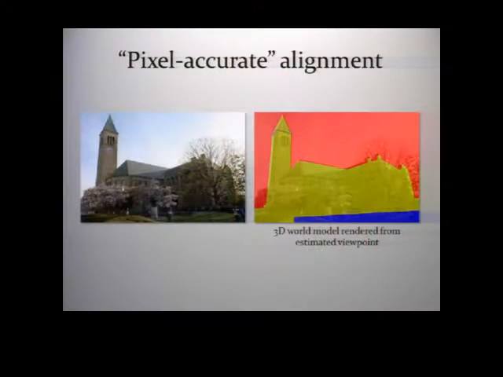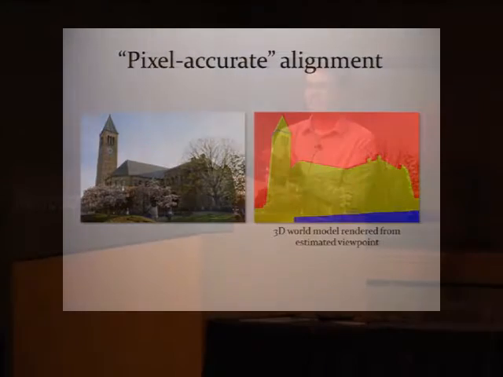One way to check this is by taking our poses and rendering them inside of another database that has geometry that's well registered. In this case, we put this image in, got back a camera pose, and then rendered that same viewpoint inside of a 3D world model, in this case, Google Earth. And if both Google Earth and us are correct, we should see exactly the same image. Here I'm showing a version of the image that's color-coded.